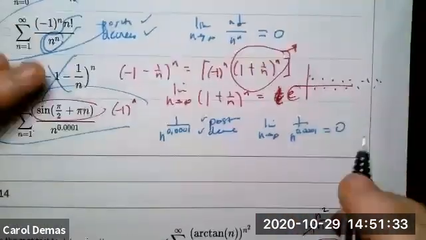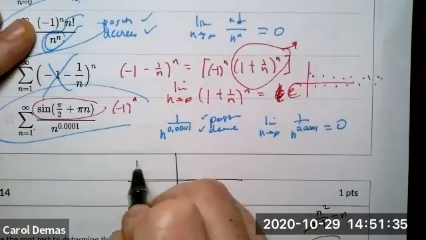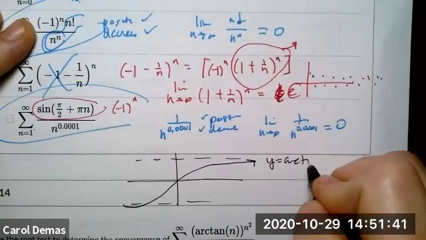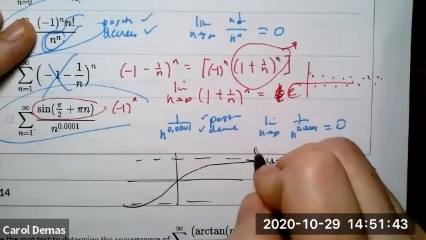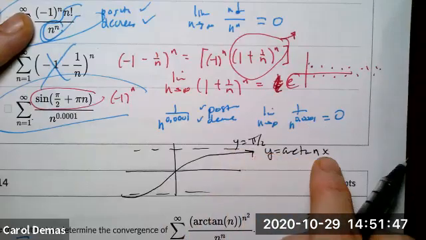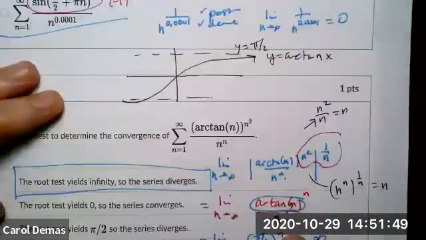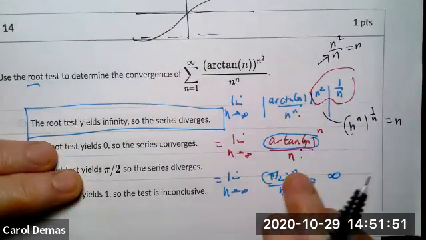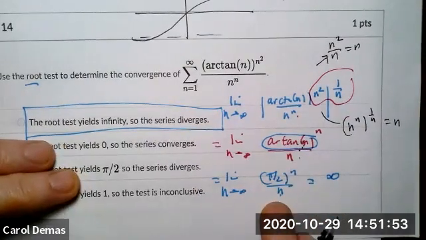Now what happens to arctangent? This is arctangent. And as n goes to infinity, arctangent goes to pi over 2. So I made that a pi over 2 to the n.